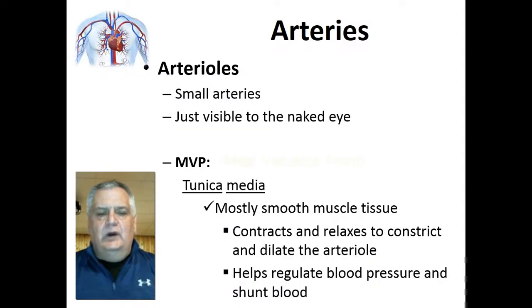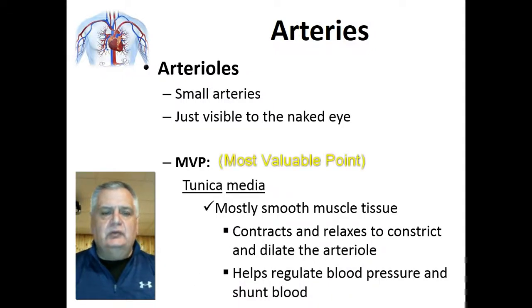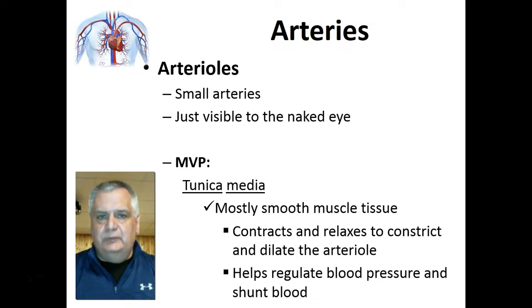Okay. An MVP here, as far as arterioles are concerned, is that the tunica media is mostly smooth muscle tissue. And that smooth muscle tissue contracts and relaxes to constrict and dilate the arteriole. This is going to help regulate blood pressure and help to shunt blood.